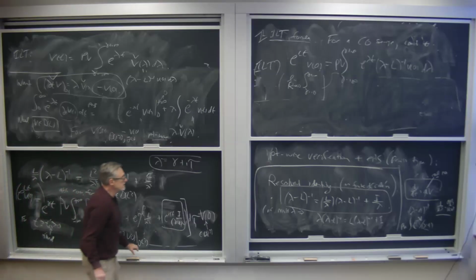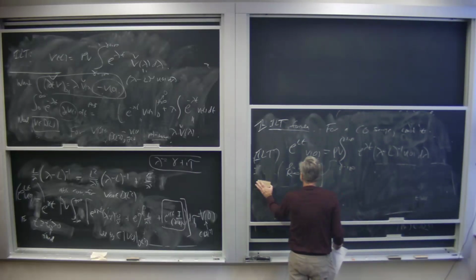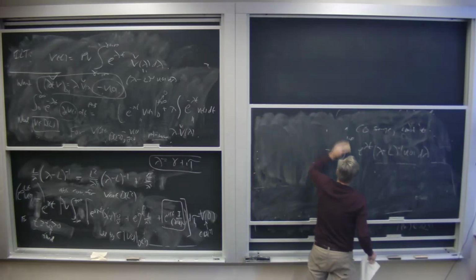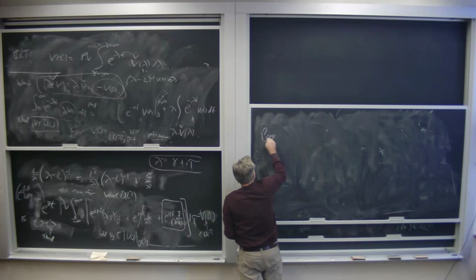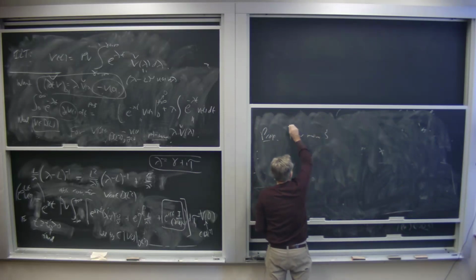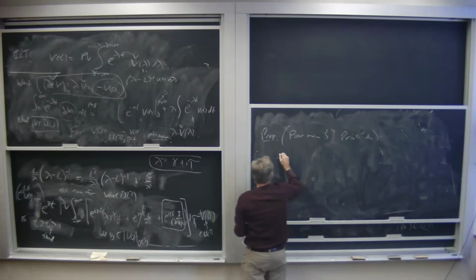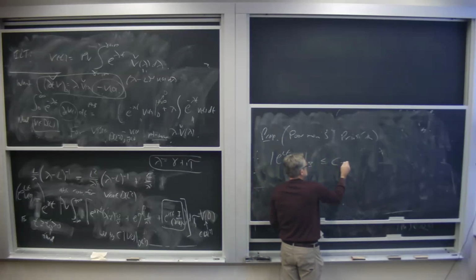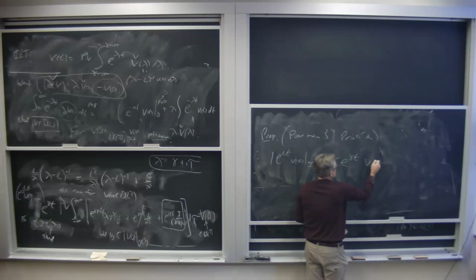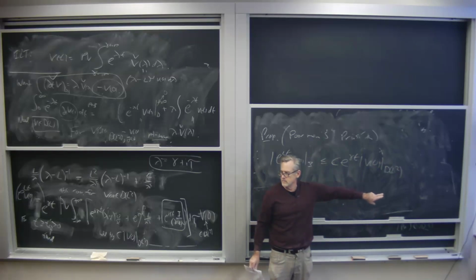So here, what do I get? This is my poor man's Proust theorem, and this says e to the Lt v of 0 in X norm is bounded by a constant times e to the gamma t times v of 0 in the D of L squared norm, which is a loss of 4 derivatives. It's not a good bound.